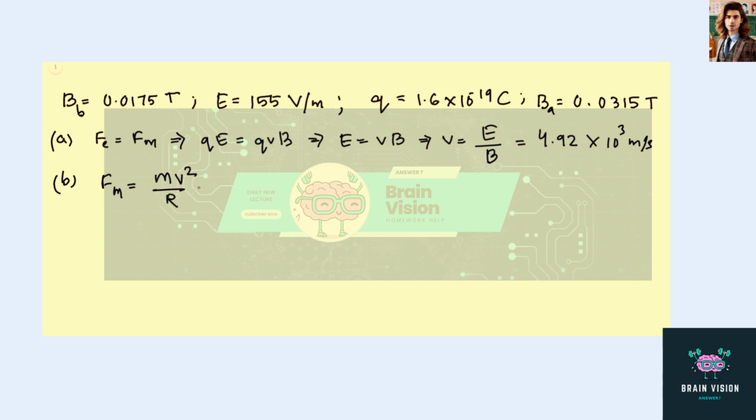And the magnitude of the force is equal to q times v times B. And from here we can find the mass, which will be equal to r times q times B over v, where q is a positive ion of charge of the electron.